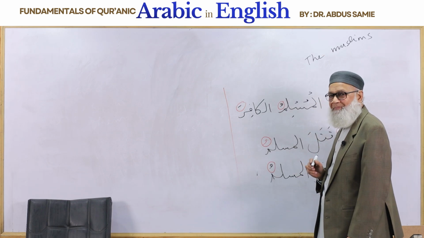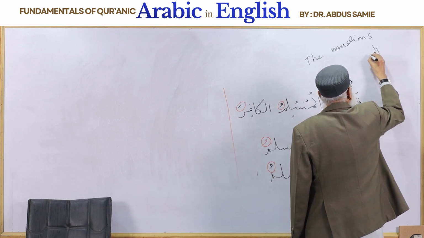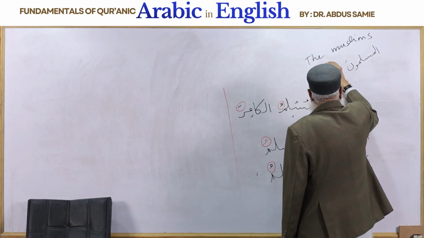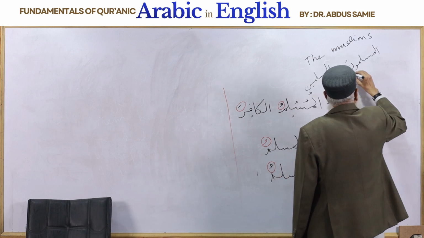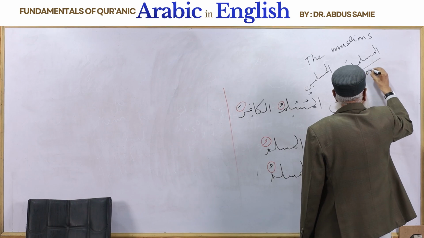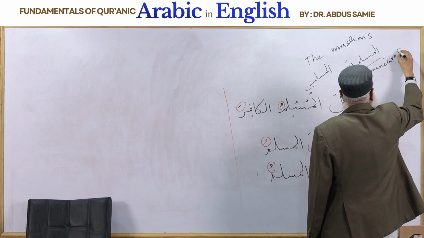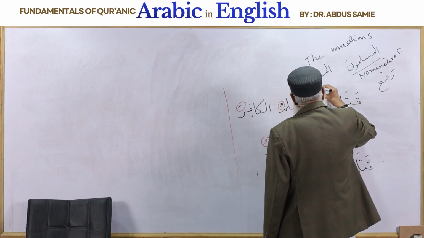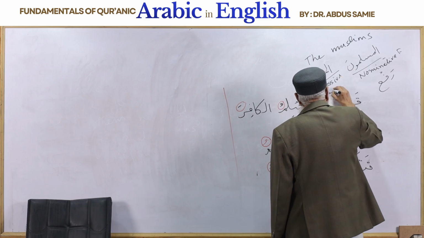There are two. Al-Muslimuna and Al-Muslimina. This is the nominative form, or the form of rafa, and this is both the possessive and objective form.